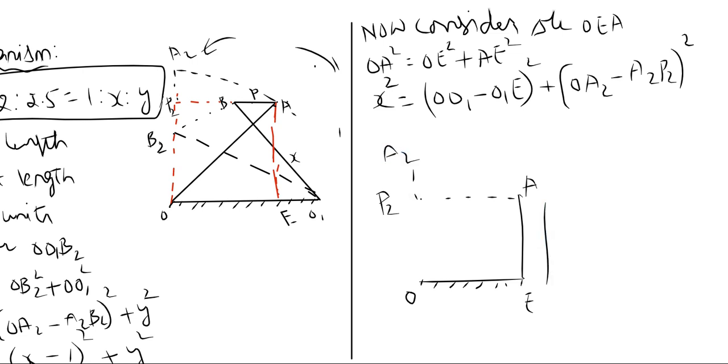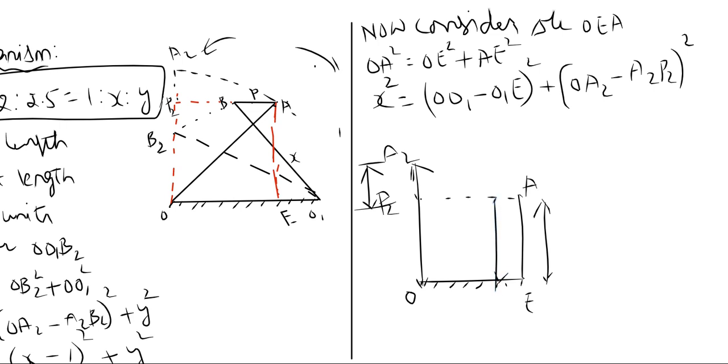We require the AE distance, so I am taking OA2 and considering this total distance OA2 minus A2P2. If I subtract this distance, I get the length of AE.